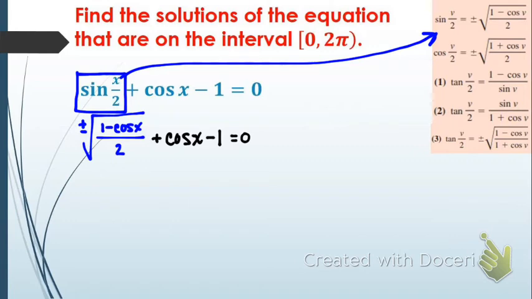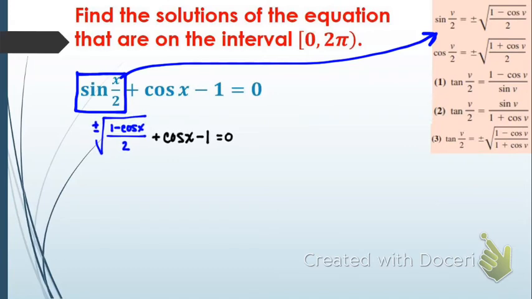I'm going to have a hard time solving this with a radical in it. What operation gets rid of radicals? Squaring things. If I square both sides, I'm allowed to do it, but right now, if I square the left-hand side, there's a whole lot going on over there. If I could get rid of this cosine of x and the 1 by moving it to the other side, plus or minus the square root of 1 minus cosine x all over 2.